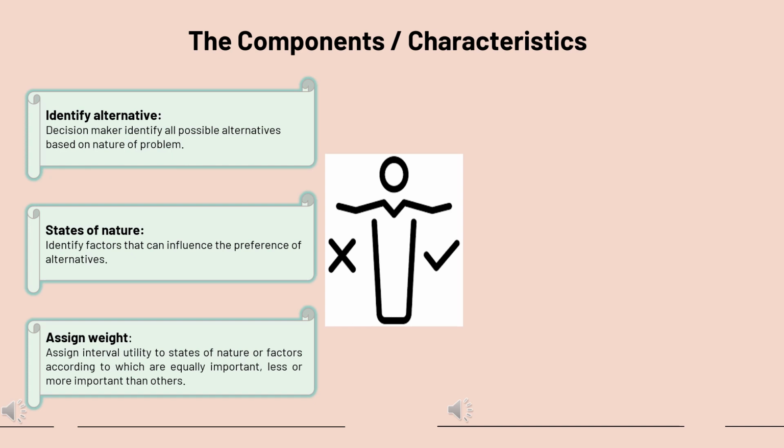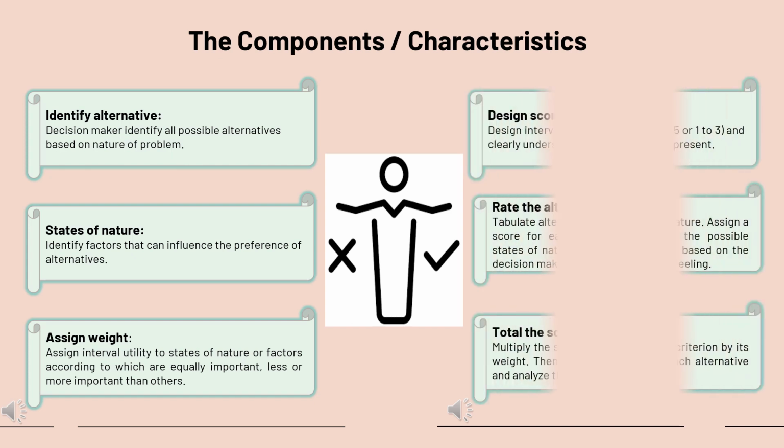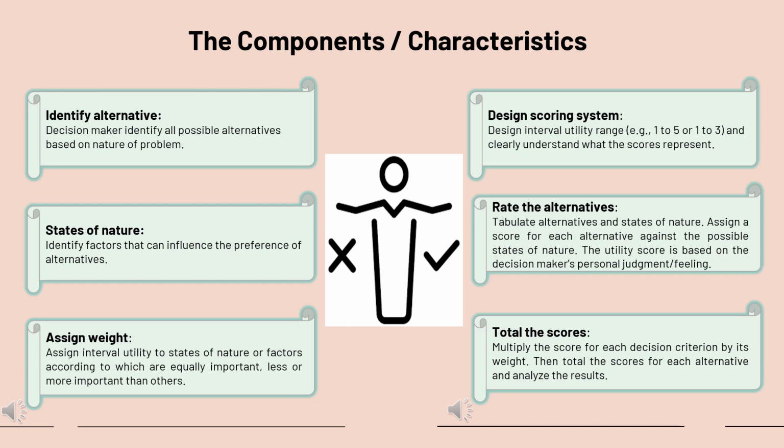Assign interval utility to the state of nature or factor according to which are equally important, less or more important than others. The fourth one is design scoring system. Design an interval utility range, for example, 1 to 5 or 1 to 3, and clearly understand what the scores represent.